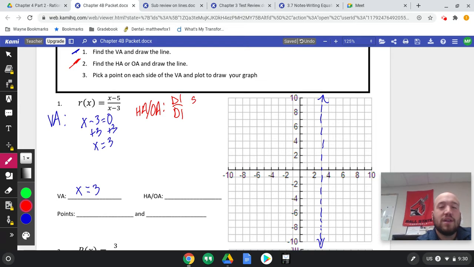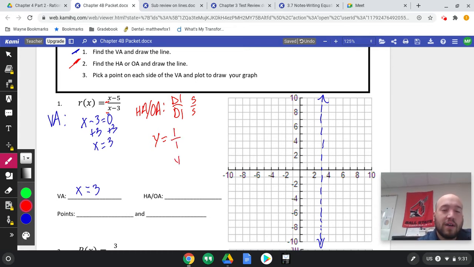So that is the same on top and bottom, which if you don't remember from yesterday, you can look back in your notes. But when they have the same degrees, we know it's going to be a horizontal asymptote, and we take the leading coefficient. So right here in front of the x, there's nothing on either one, so that means it's 1 over 1.